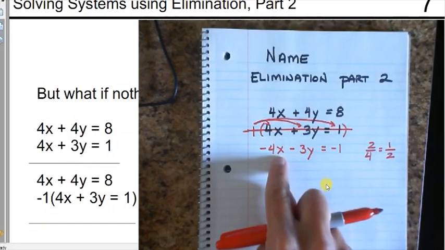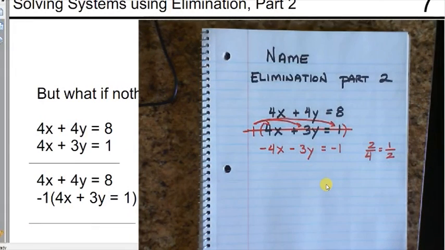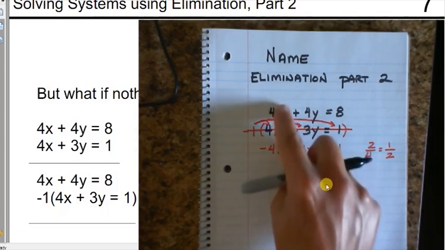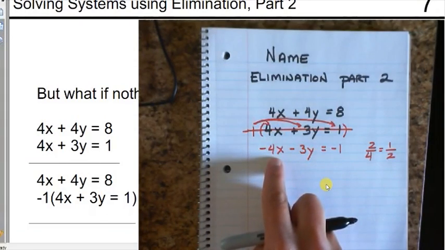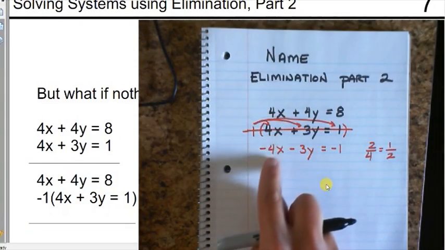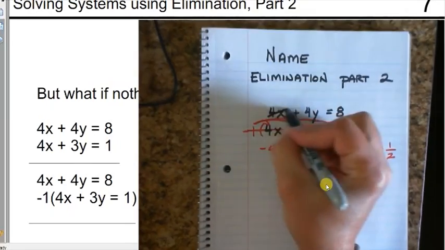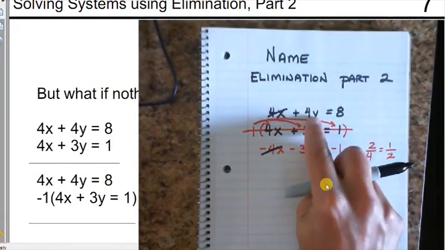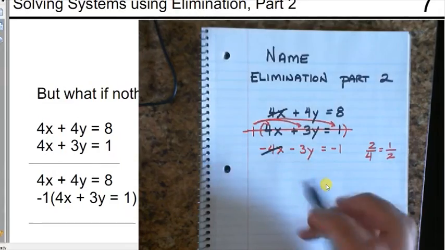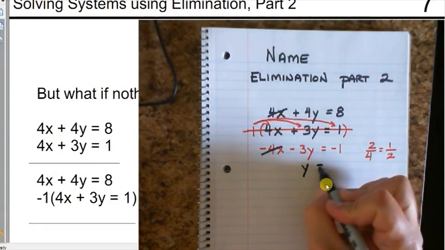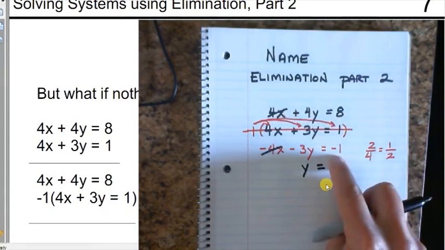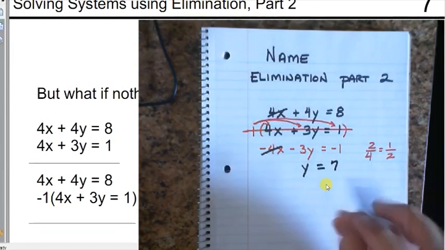This equation and that equation are the same equation. But what's good is that now the x's will cancel out. 4x, negative 4x, they are gone. 4y, negative 3y, is just y. And 8 minus 1 is 7.